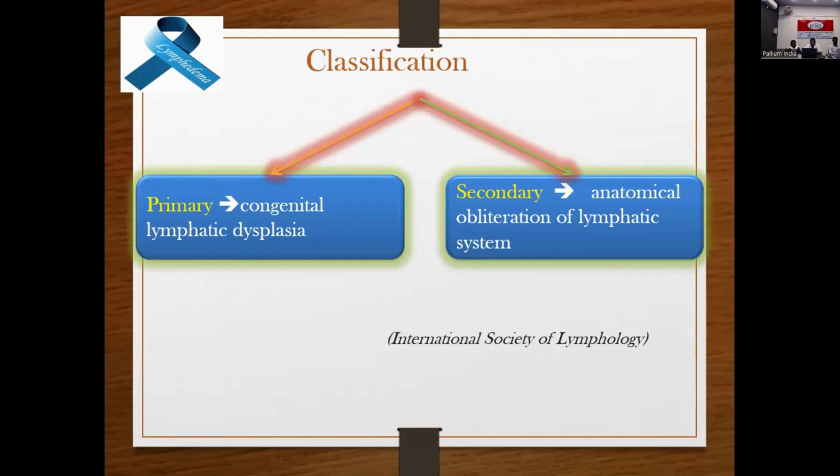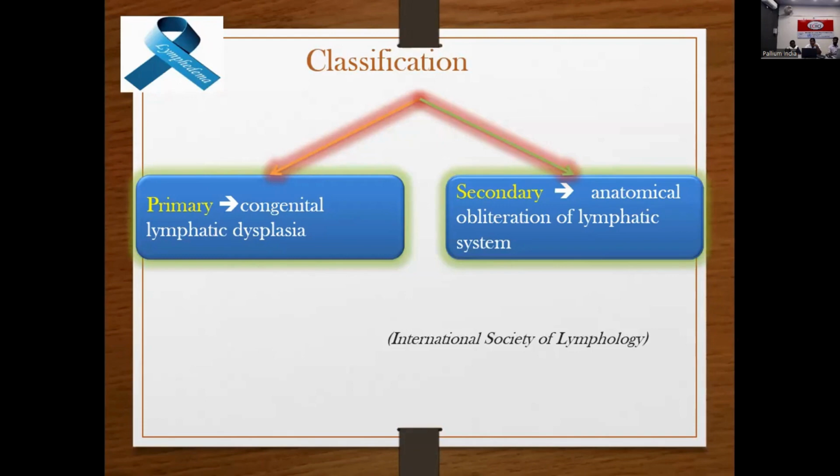That causes lymphatic disturbance and leads to lymphedema. That is called primary. Primary means congenital. Secondary means anatomical obliteration of the lymphatic system. During life, there is a chance of getting some anatomical disturbance in the lymphatic system, which causes accumulation of lymph fluid in that area. It is called secondary.